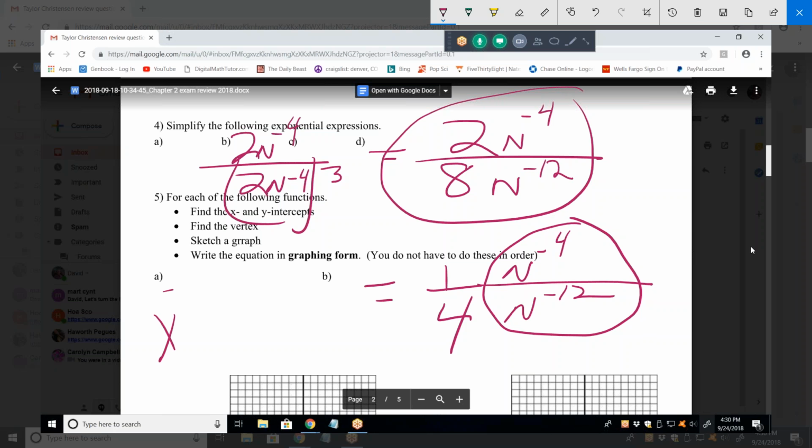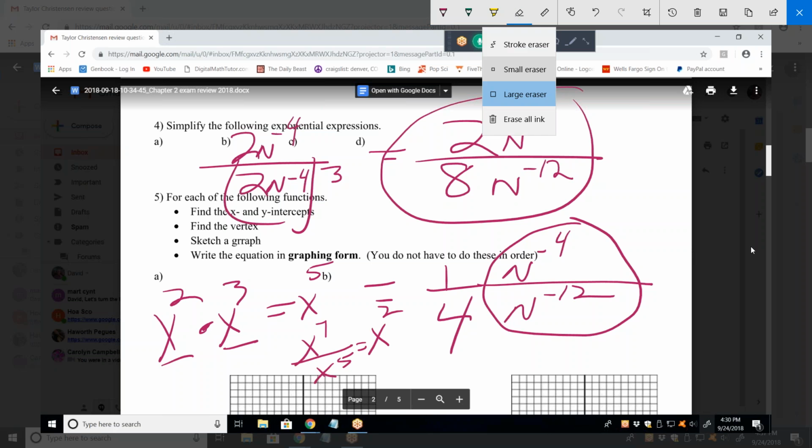If I have x squared times x to the third, I'm multiplying x times x, which means I am never multiplying 2 times 3. I'm adding them. That's x to the 5th. If I am dividing x to the 7th by x to the 5th, I'm always subtracting. That's x to the 2nd.